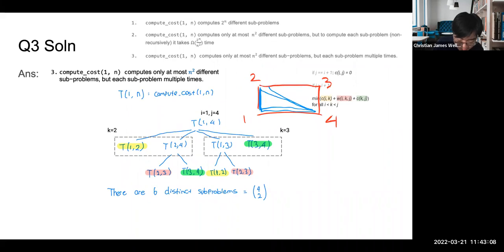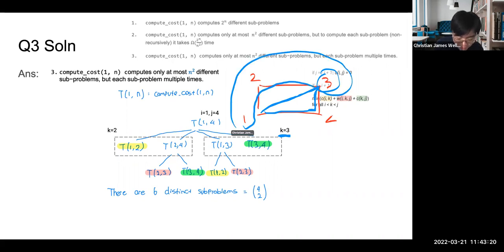And the other part is if you choose this other triangle, k equals 3. This corresponds to this sub-problem plus this sub-problem, plus T34. So this is the first level.